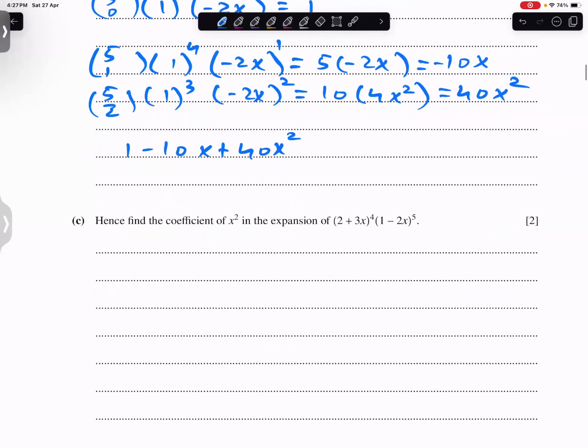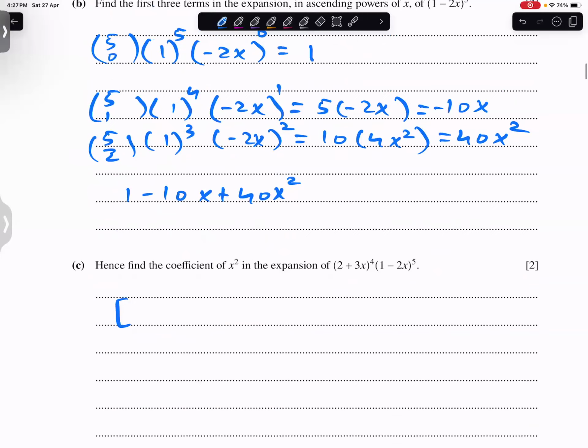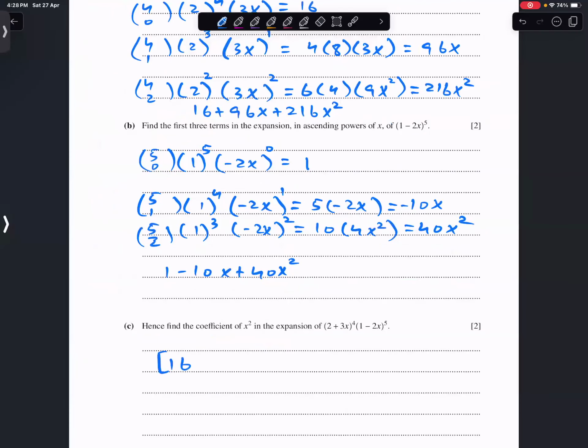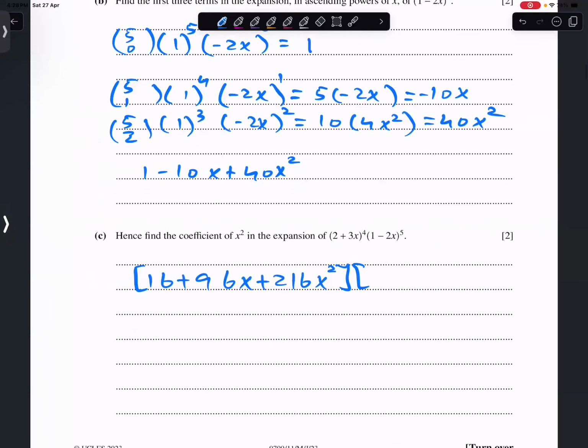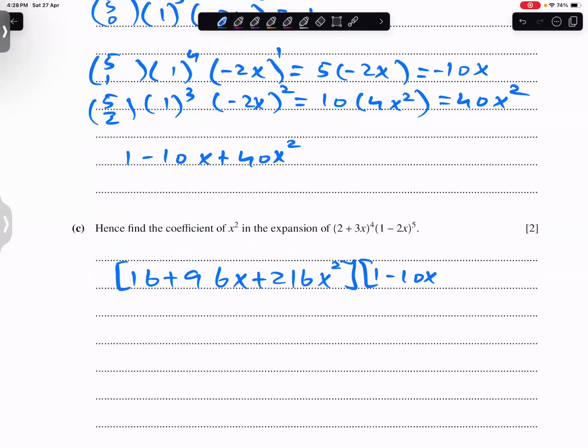Hence, find the coefficient of x square in the expansion of this. So actually, the first one was the first part. So let me write the answer of the first part: 16 plus 96x plus 216x square. And then the answer for the second part was 1 minus 10x plus 40x square.